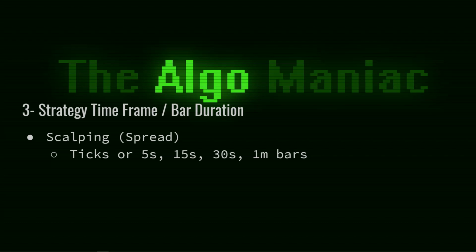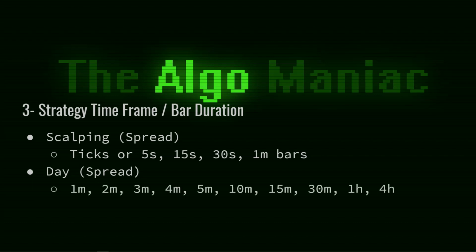If you're doing day trading, basically your strategy is going to be closing everything at the end of the day. It's not going to keep anything overnight. So that's something to consider. And there are ways in NinjaTrader that will allow you to automatically close everything by the end of the day. There are also swing trades that your strategy could be doing, which is typically more than a day to about a month or so.